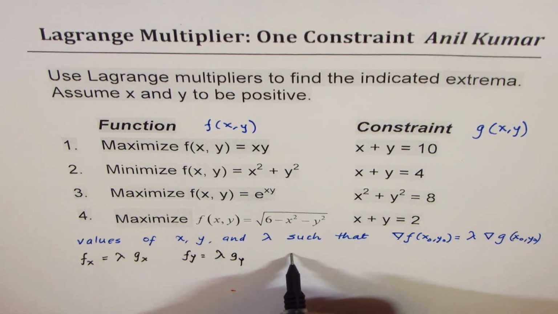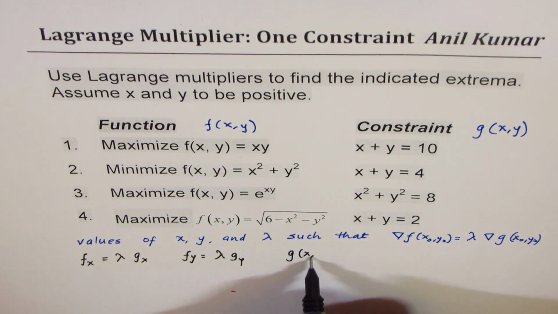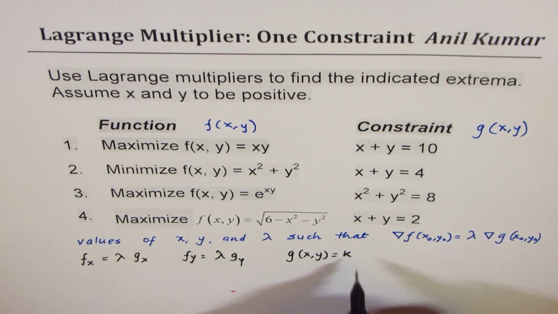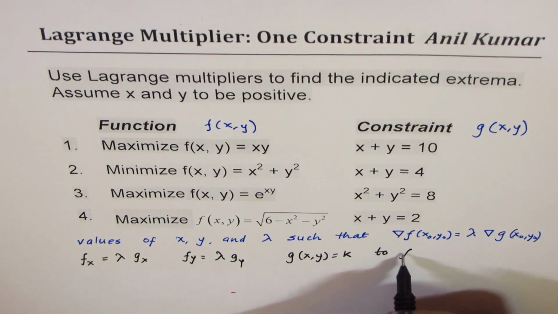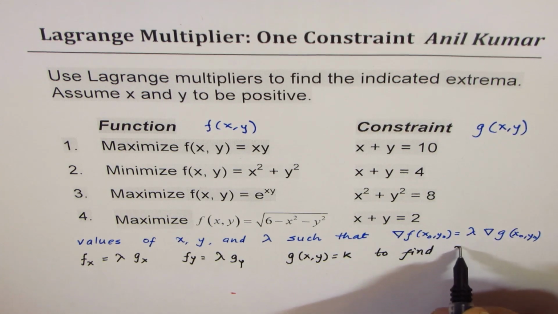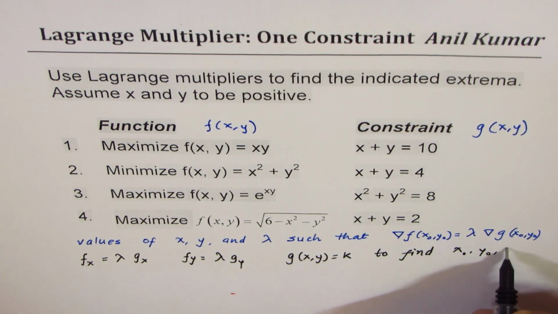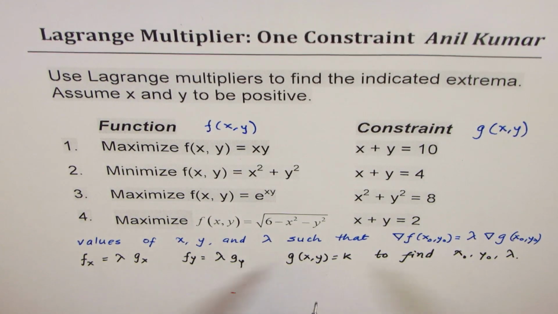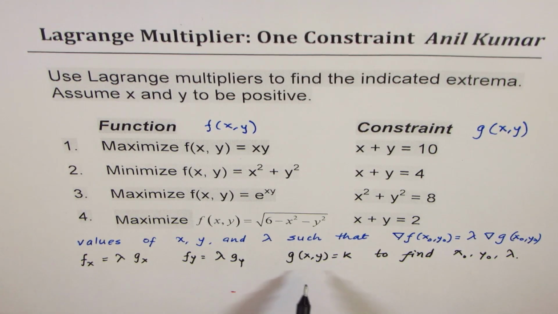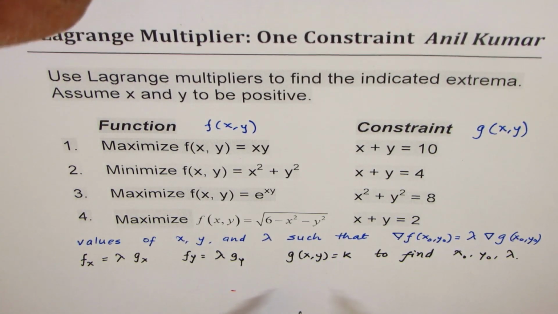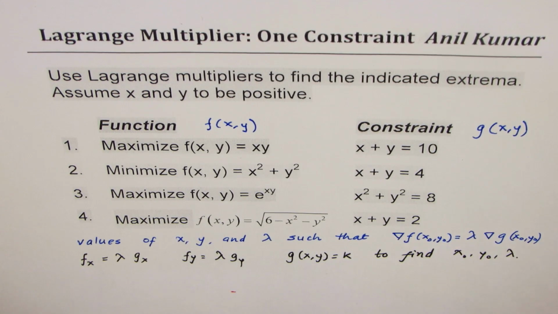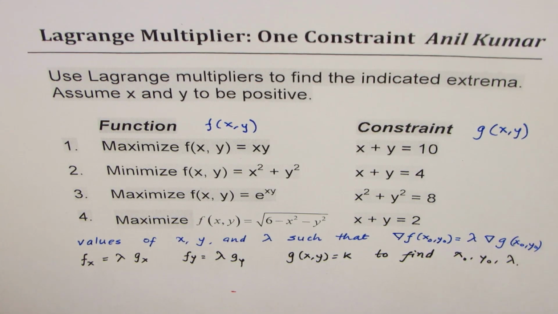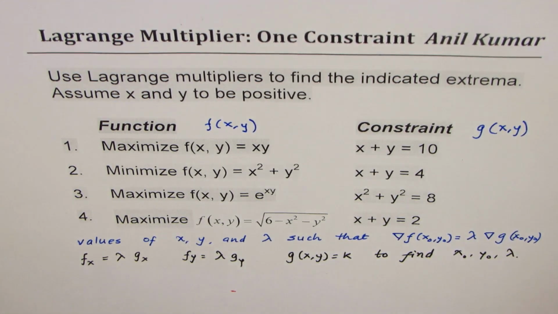And then we'll use the constraint, which is g of x,y equals k, to find x0, y0, and lambda. So that is the strategy which we are going to adopt. I hope that's absolutely clear. So let's take examples one by one and see how this method can be applied very easily.